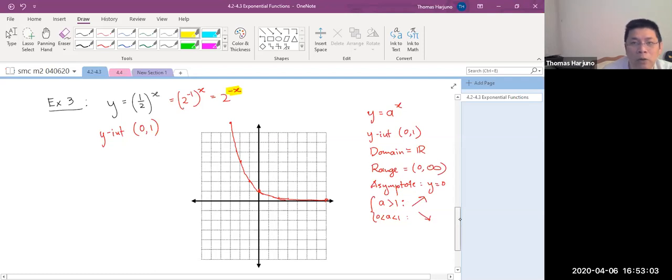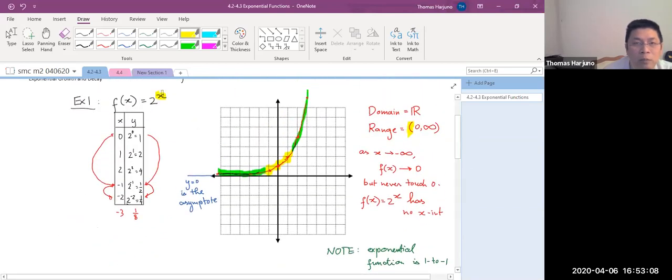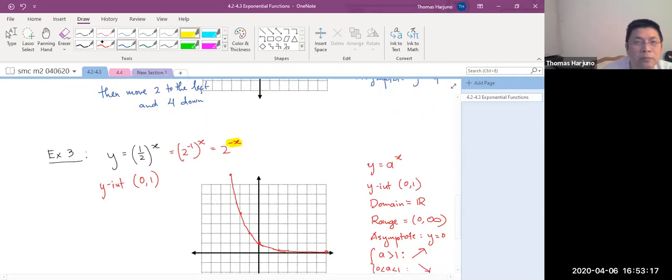Let me go to example 1. This is example 1, right? But you replace this x here by -x, replacing x in the 2 to the x. Now, when you replace x becomes -x, we actually reflect with respect to the y-axis.